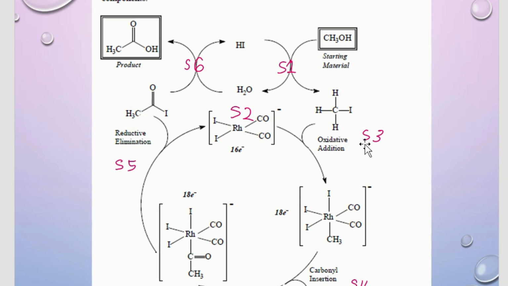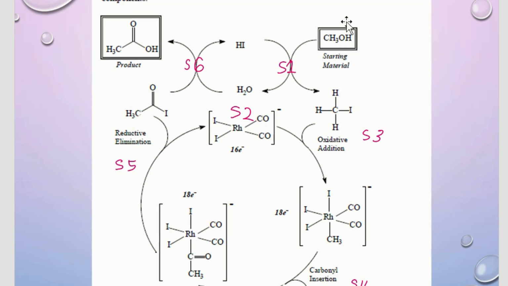As you can see, I have labeled step 1 until step 6: 1, 2, 3, 4, 5 and 6. For the first step, the starting material is our methanol, produced from the mixture of syngas with the catalyst of copper and zinc.